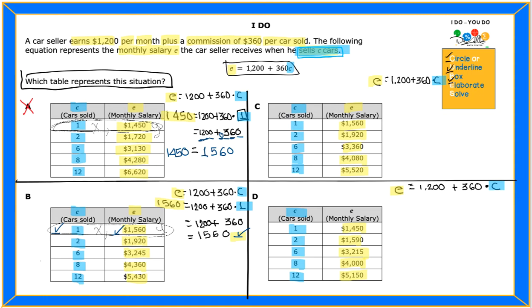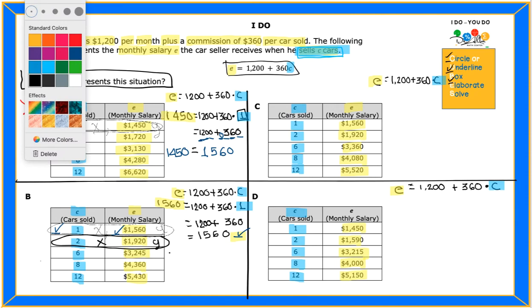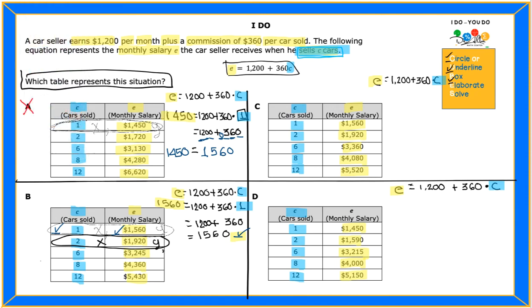Now I'm going to check the second point. For the second value, which will be an ordered pair in the table, this is X and Y. They cannot be separated. They had to come from the same row. I'm going to do the substitution first. And this is 1,920. That's the value of Y. Must be equal to, the equation is the same for everyone.